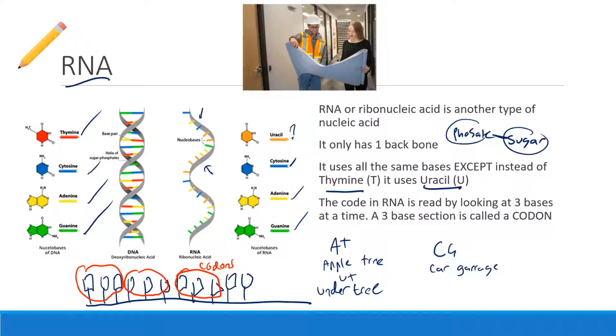They are decoding what's on this blueprint so they know what they need to build, and in that way they're moving to building the building. So that's what RNA is for. RNA is really important in this link. I haven't said why it's important yet, but I've said it is important.